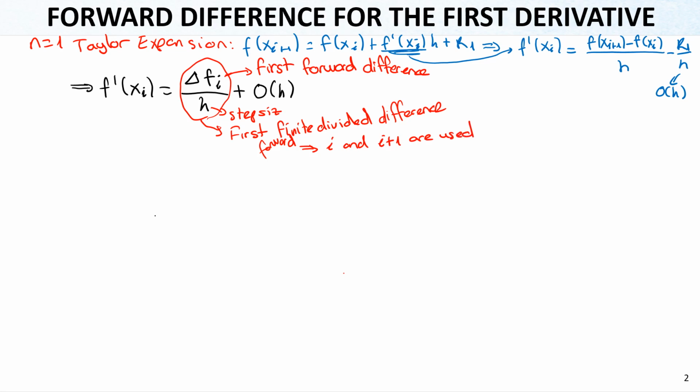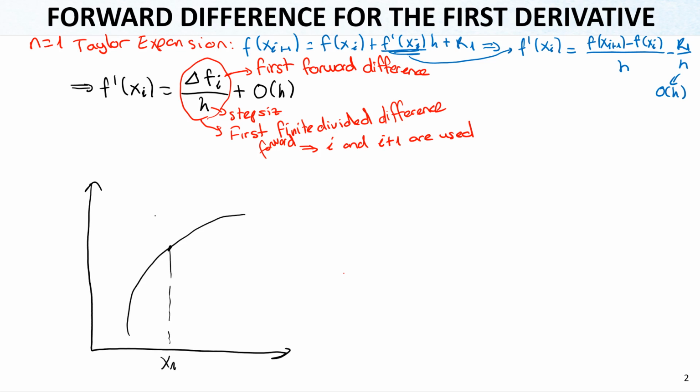And if we try to show this graphically, let me draw a graph here. Assume that this is our function, f(x) versus x, and this is the first value, xi, and this is the xi plus 1 value.